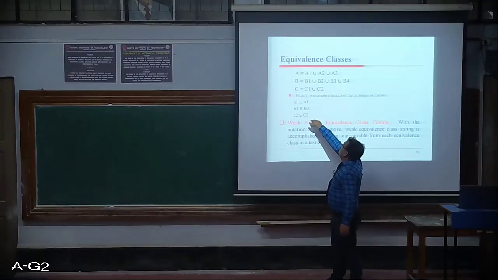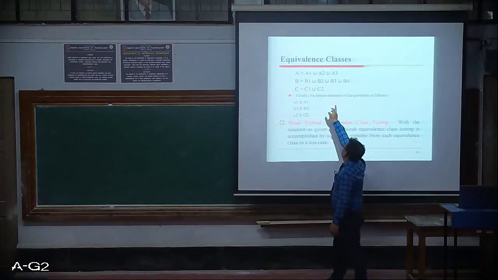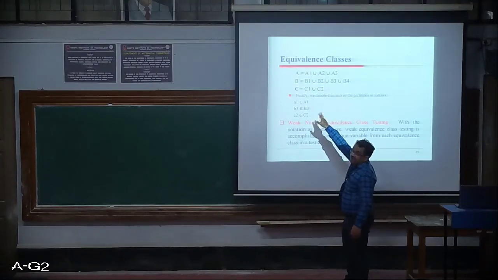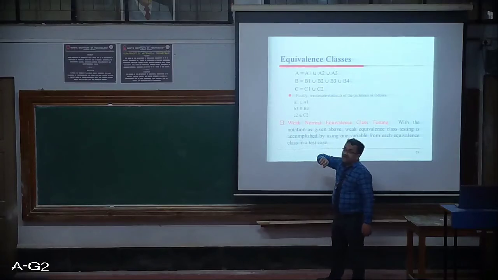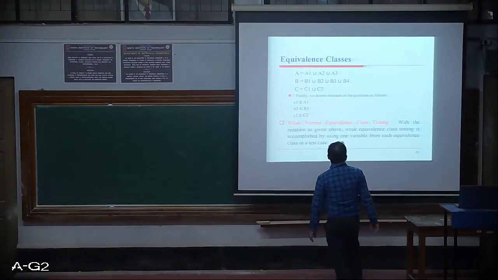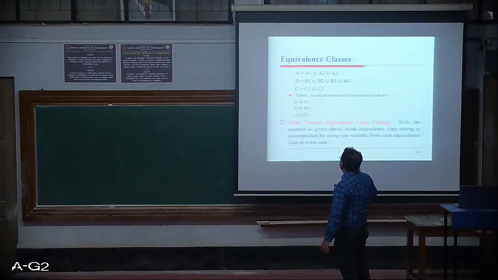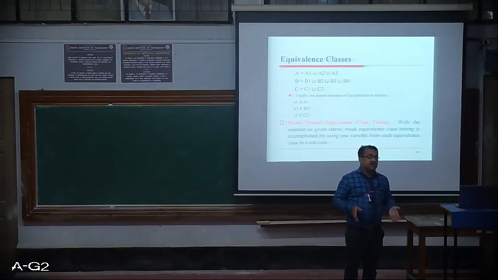Similarly, from the B domain we can pick from the B3 partition, and C from the C2 partition. So these are the valid inputs we can select from the subsets which have been created. Now there are some variations of this equivalence relation.